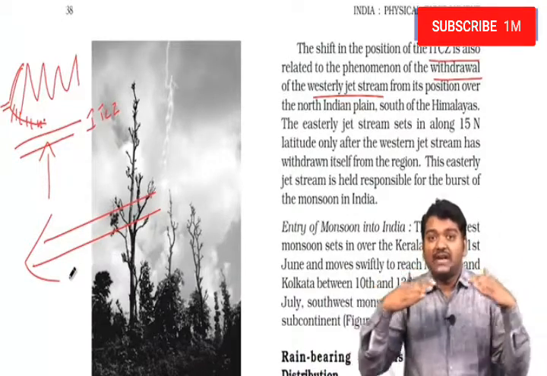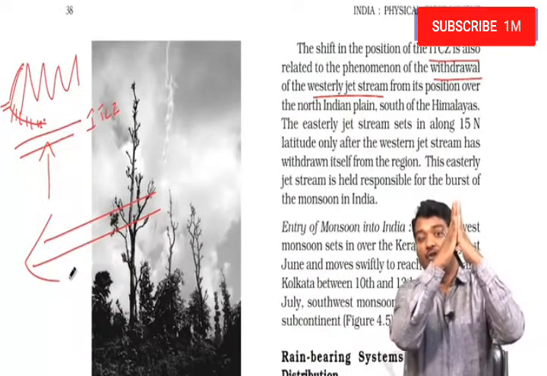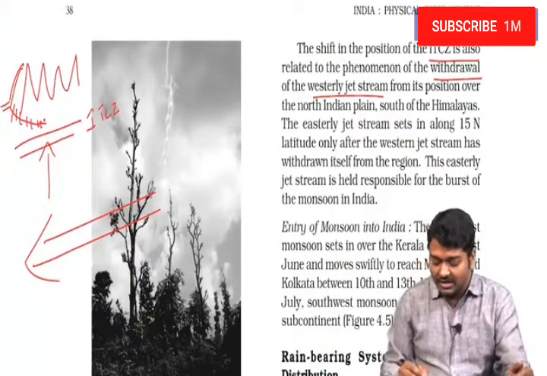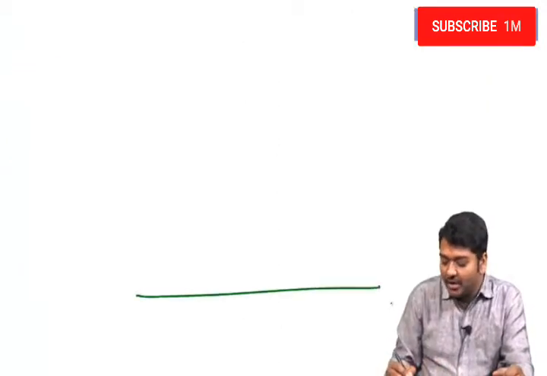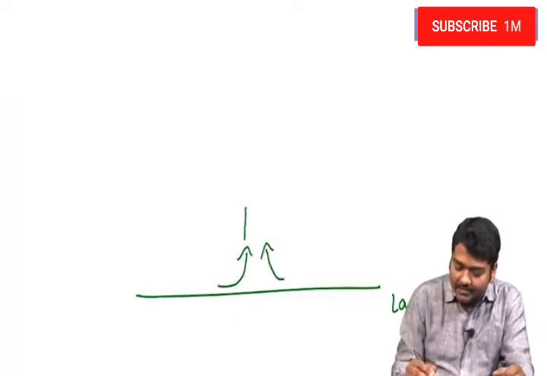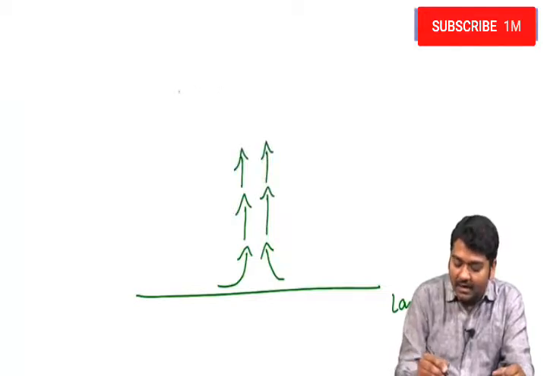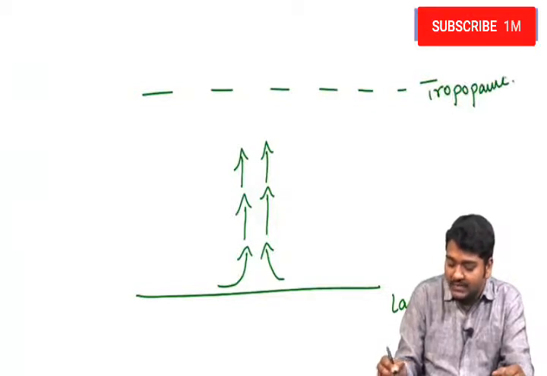Wherever winds converge and rise, you know that at the tropopause they diverge. So let me just explain this. If I am talking about the land surface, you know that the winds start rising, and as the winds rise, they hit the tropopause.